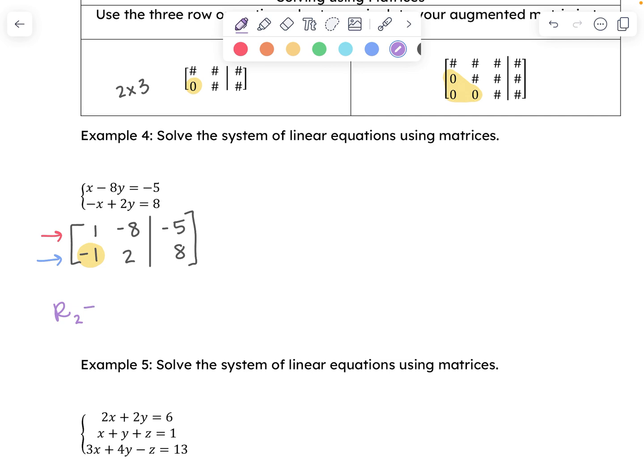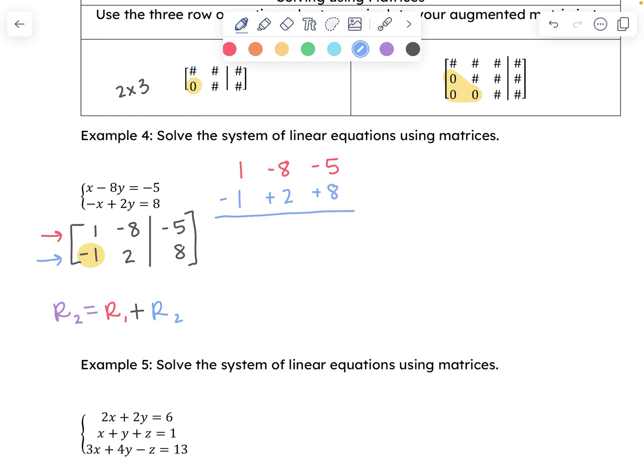So R2 is going to equal R1 plus R2 because I have a 1 and a negative 1. When I add them together, that'll get me the 0 that I'm looking for. So over here, R1 would be 1, -8, -5. R2 would be -1, 2, and 8.